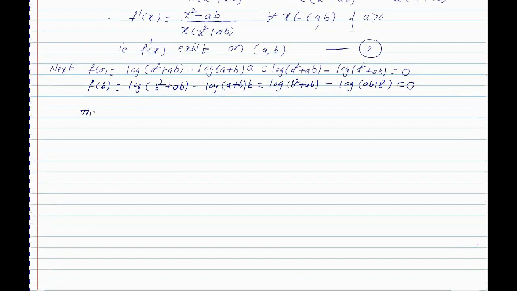Thus, values of f of x at end points are equal. Suppose this is equation number 3.